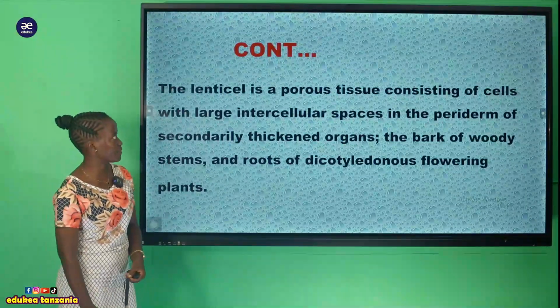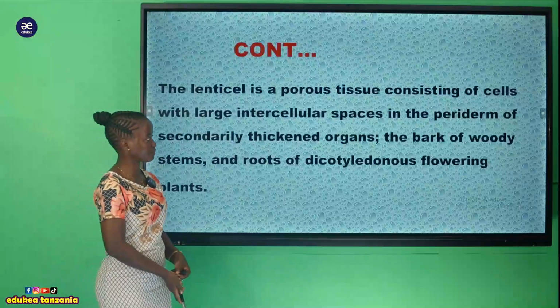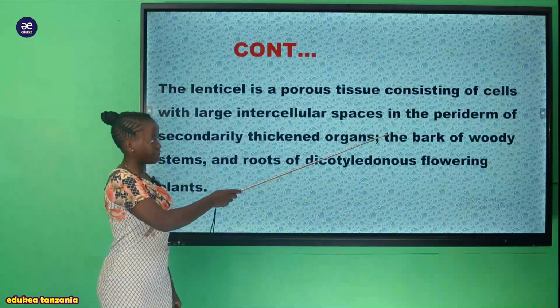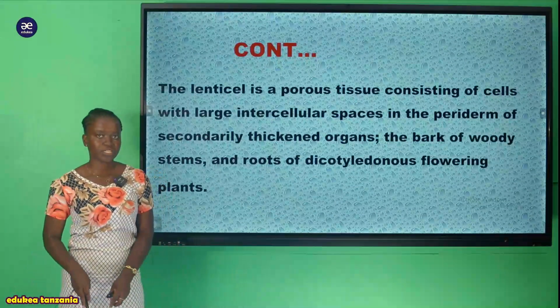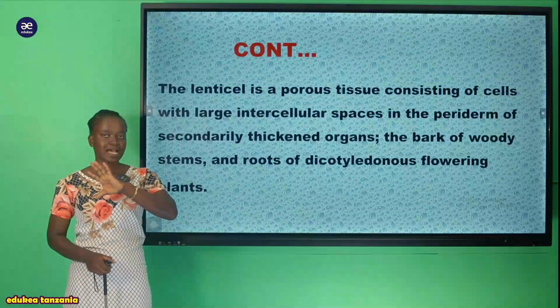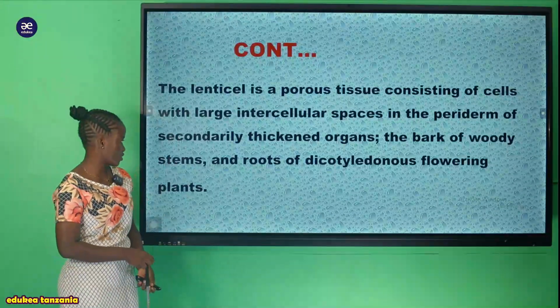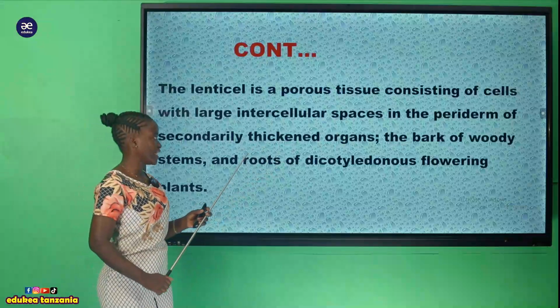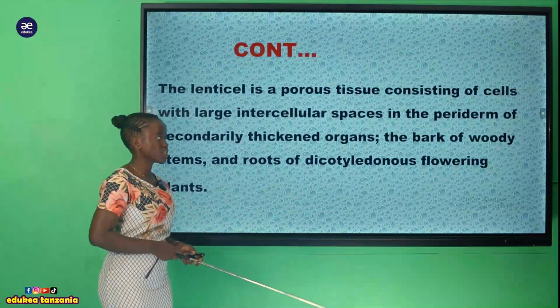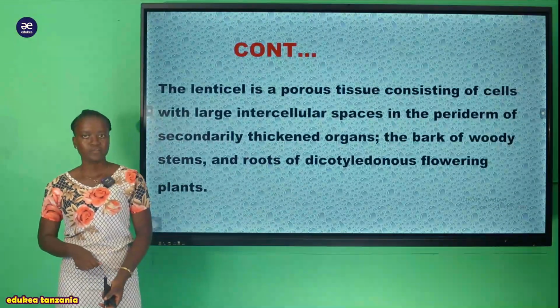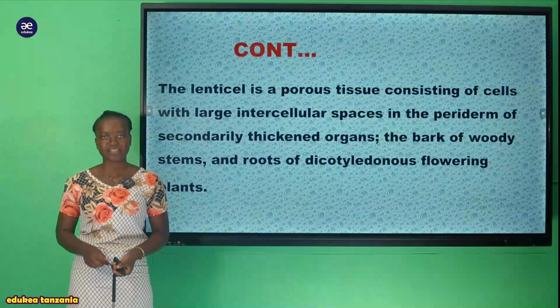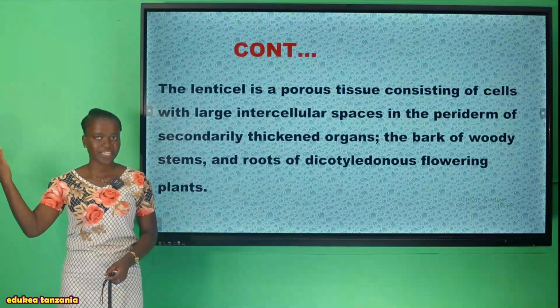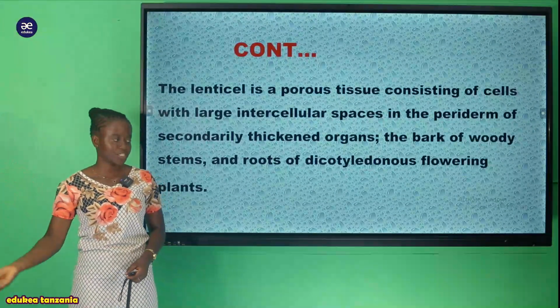Lakini hapa tumeona kwamba hizi lenticels almost they are found in the bark of a wood, kwenye yale magamba ya mti, and also in the stem, and also they can be found in the roots of dicotyledons. Most of the dicotyledons, I hope you know what the dicotyledons are. In the classification we have already discussed it.